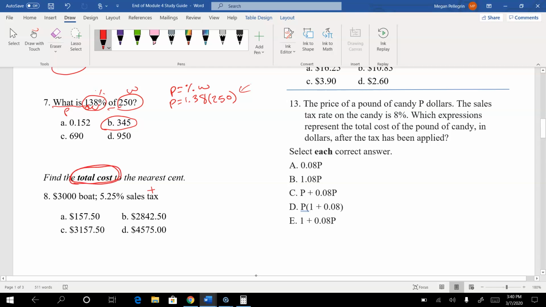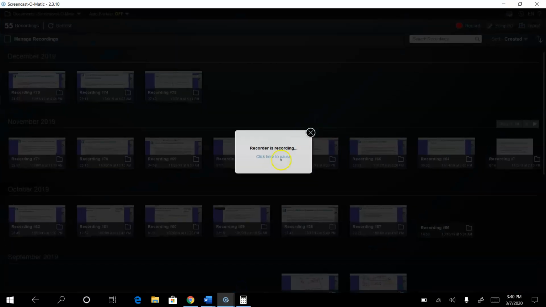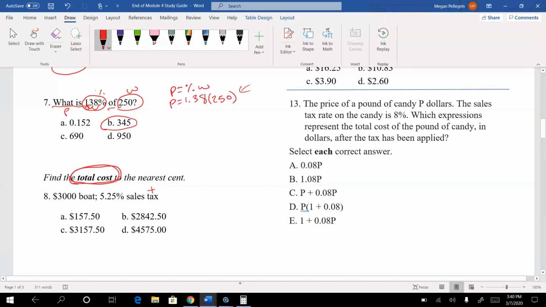So we know that the total cost has got to be more than $3,000 because we're paying at least $3,000. So we're not going to be paying this. That can't be the answer. This also can't be our answer.